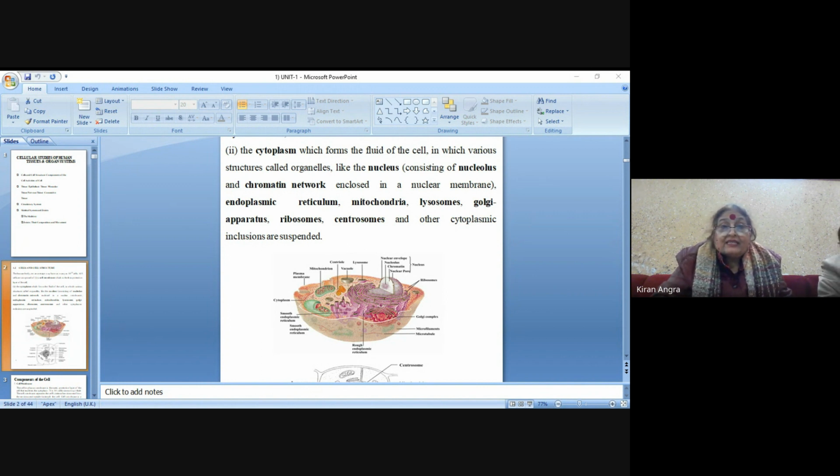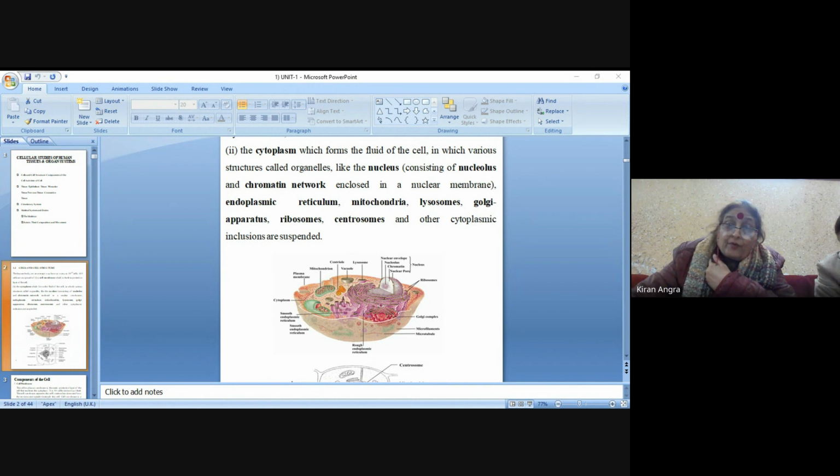Now let us take the cytoplasm. That is the liquid or the fluid part. The cytoplasm is inside the cell membrane, and 90% of it is mainly water.